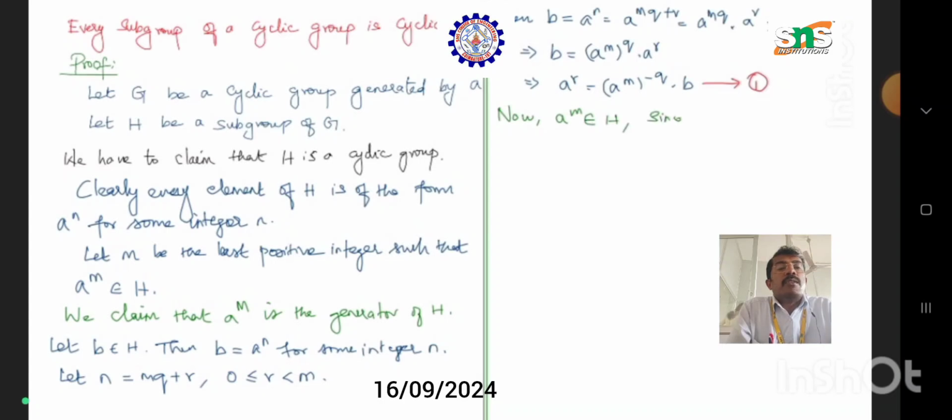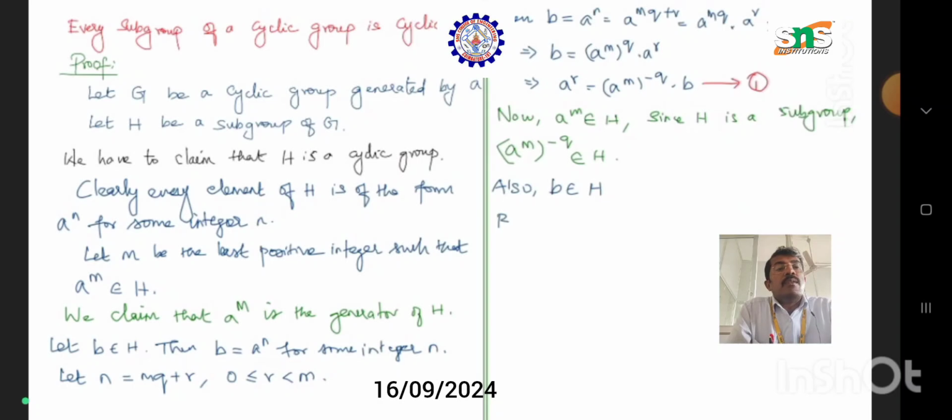Now a power m belongs to H. Since H is a subgroup, a power m whole power minus q belongs to H.